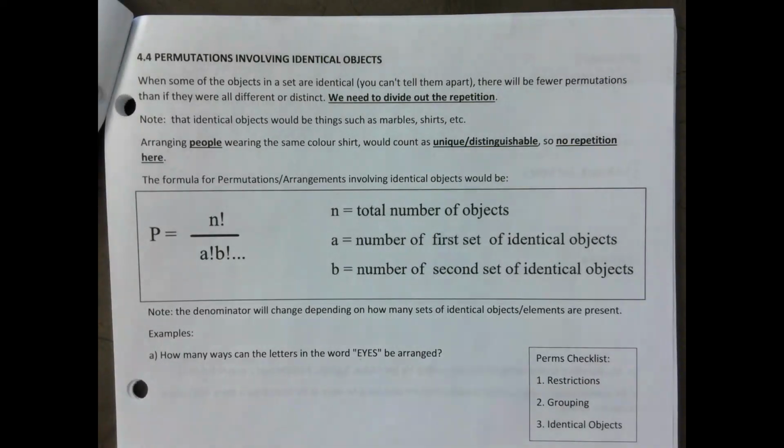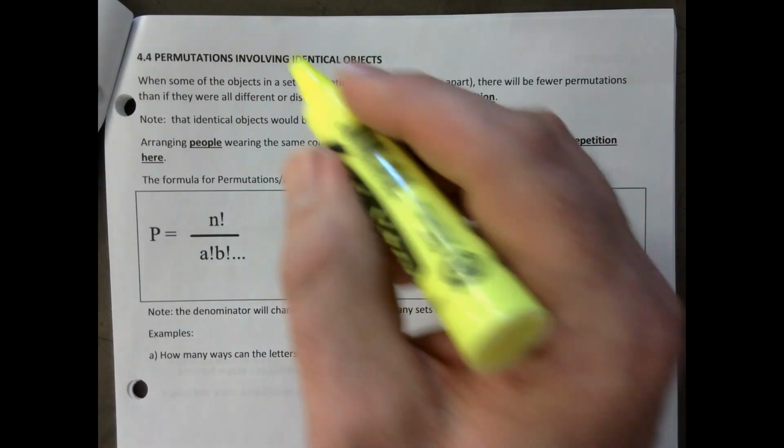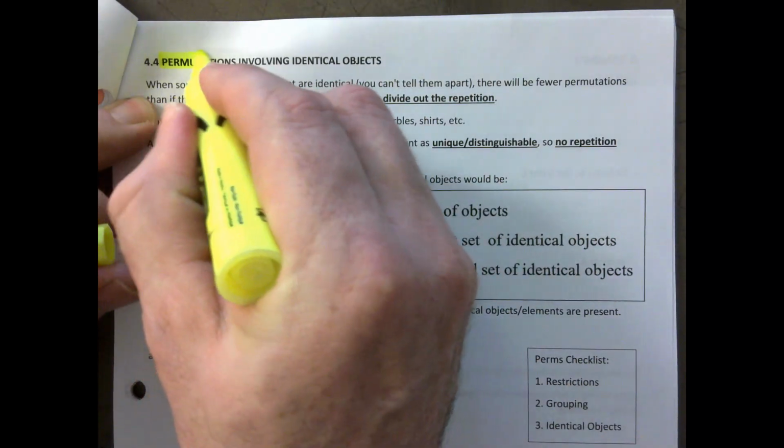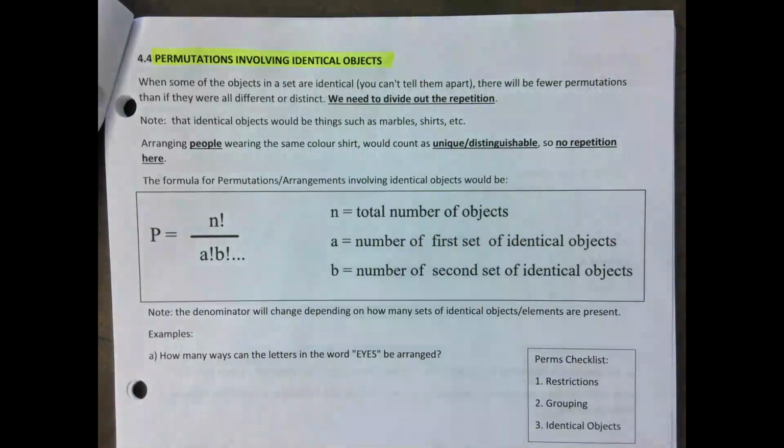On your study sheet, you're going to have grouping, and now you're going to have permutations where you have identical objects, things that are exactly the same. Letters, marbles, balloons, right? If you have like 5 red balloons, do you know the difference between this red balloon or the other red balloon? You don't really, right?